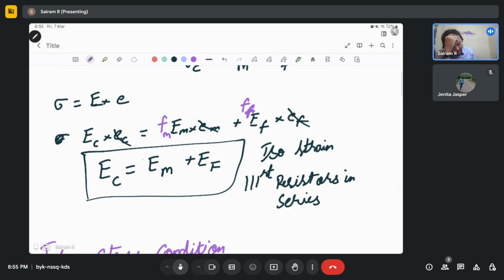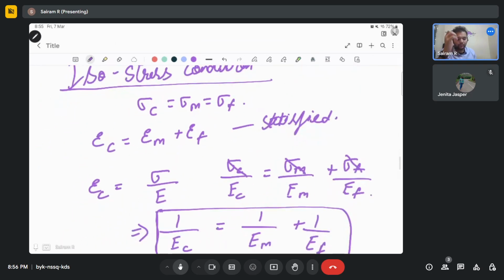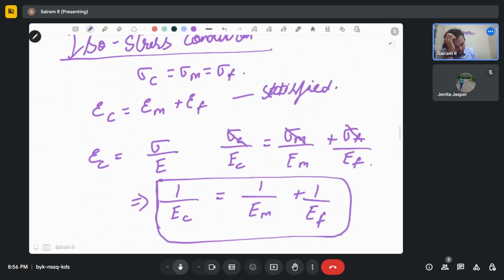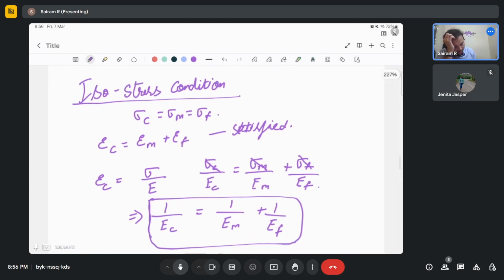So EC will technically become FM EM plus FF EF, where F is the volume fraction of that particular component.